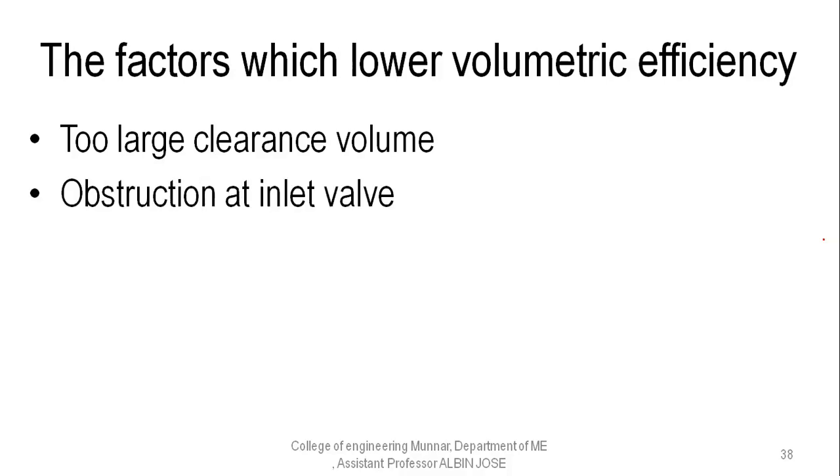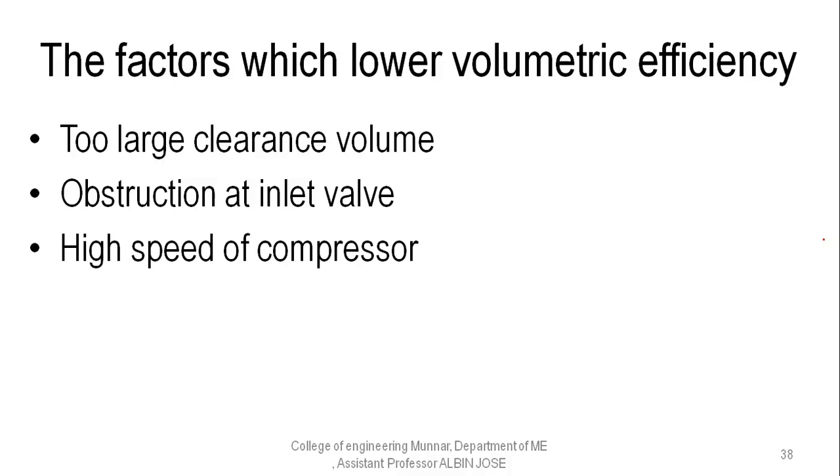The second point is the obstruction at the inlet valve. If there is any obstruction in the inlet valve of the compressor, then the volumetric efficiency will be reduced. Next, a high speed of the compressor. If the compressor is running at a high speed, then the volumetric efficiency will decrease. Then the heated cylinder wall.